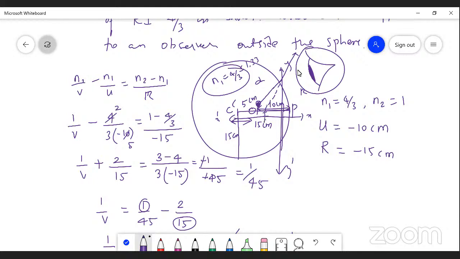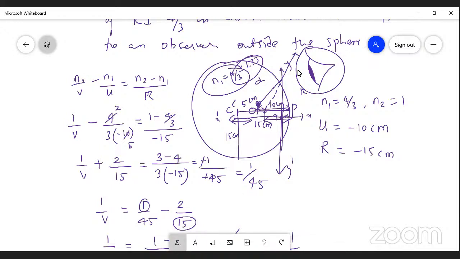The image is formed on the same side, 9 centimeter, virtual image. This is very, very important. Outside the surface, the medium is water because the refractive index is 4 by 3, 1.33. The object is placed inside the water medium, and the observer outside of the bubble sees the image at a 9 centimeter distance on the same side. This is a virtual image. Very good, okay friends.